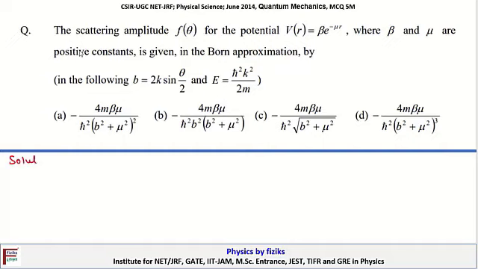Solution: we have V of r is equal to beta e to the power minus mu r.